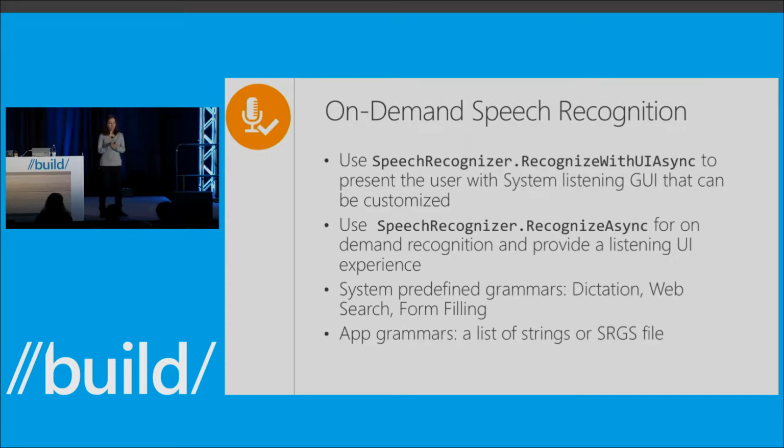And it lasts for about 15 seconds or for as long as the user speaks. To start such a recognition session, you call either RecognizeWithUIAsync, which will present the user with the system listening GUI. Or if you want to provide your own listening UI experience, you can call RecognizeAsync.